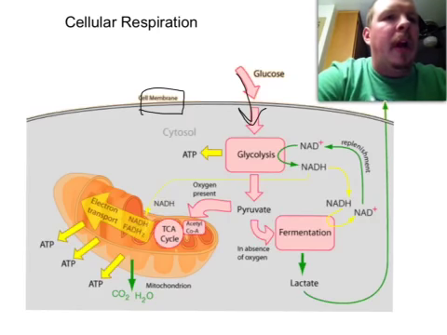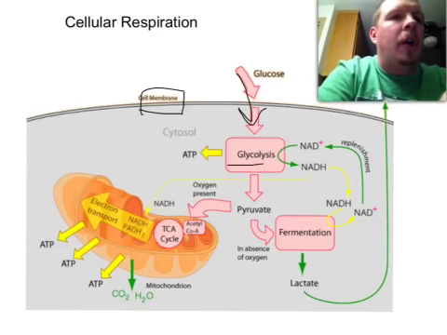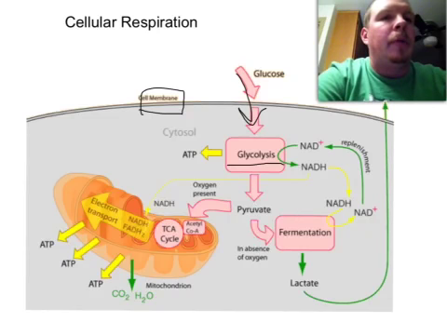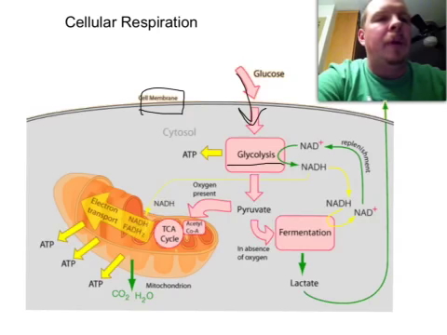It gets broken in half into 2 3-carbon molecules, and that process is called glycolysis. And then it will actually rip off one of the carbons from each of the 3-carbon molecules. So you've gone from 1 6-carbon glucose into 2 3-carbon molecules, and then each of those is ripped off, so you get 2 2-carbon molecules.